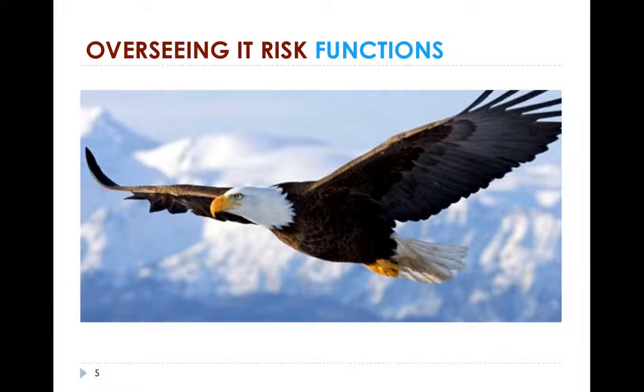So, slide number 2, the next slide. The auditor will oversee as a risk function. They will look at the entire IT operation, whether the risk function is workable or not. This is an area, like the slide defines, the angle.